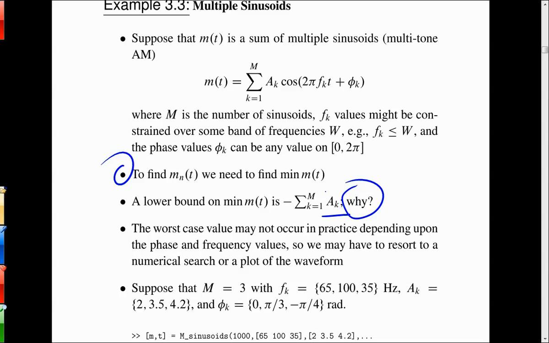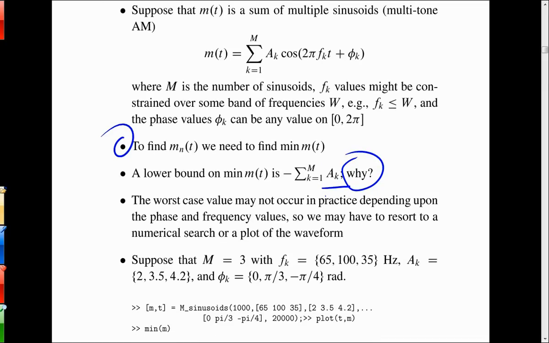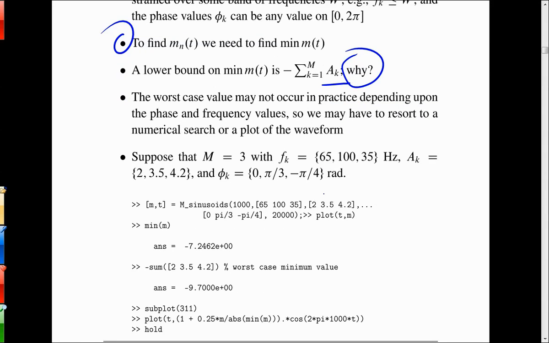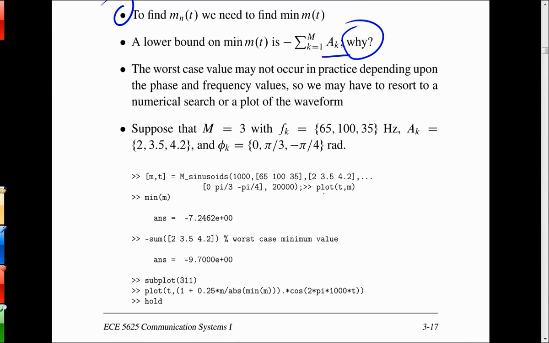Think of a bunch of sinusoids. If they were phased and frequency set up properly, what's the worst case scenario in terms of positive to negative swings? Where they all add up, right? But that doesn't necessarily happen with a given setup, and with a random kind of waveform, it wouldn't happen at all. Here there were 3 frequencies, and the only way to really get this to work out is to simulate it in MATLAB.